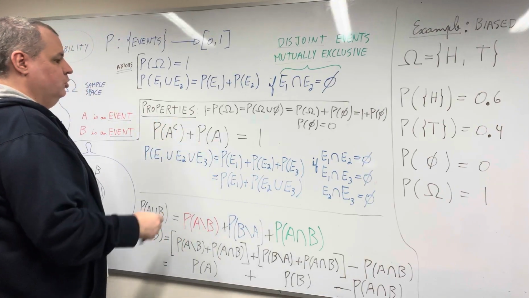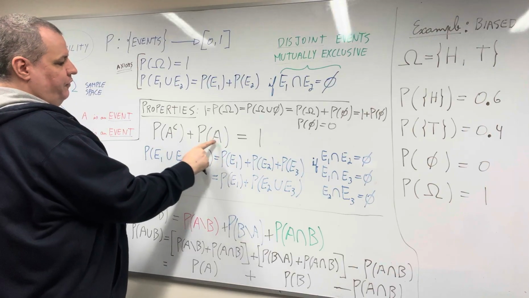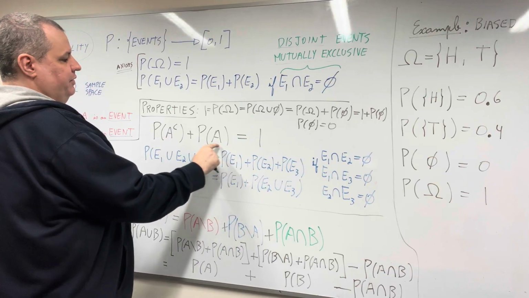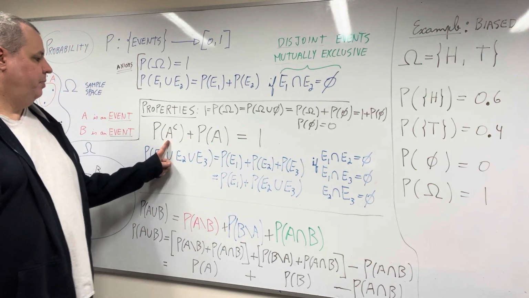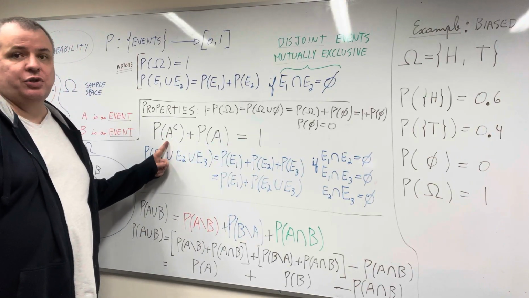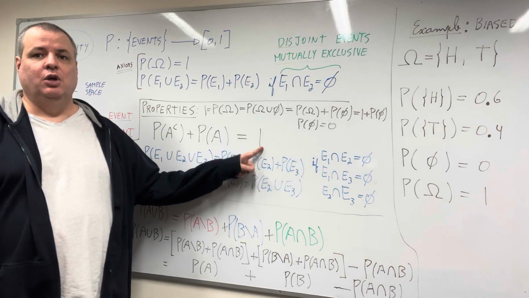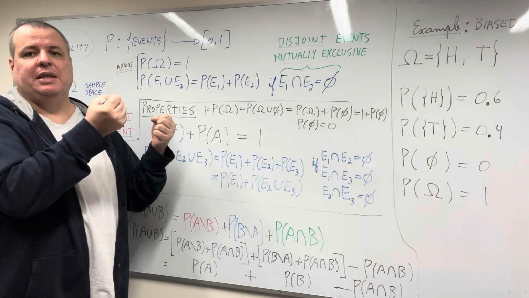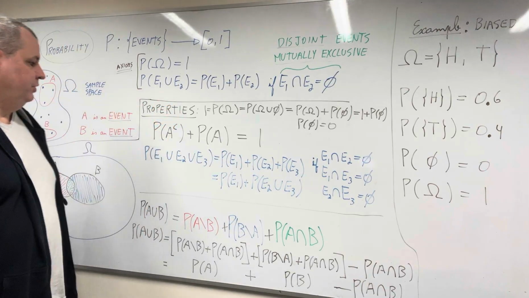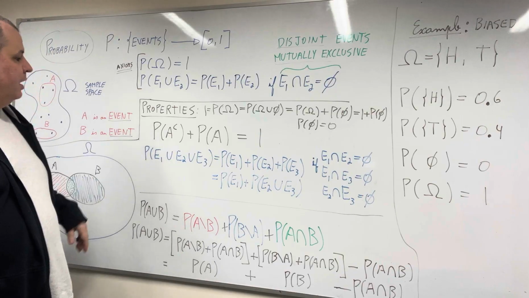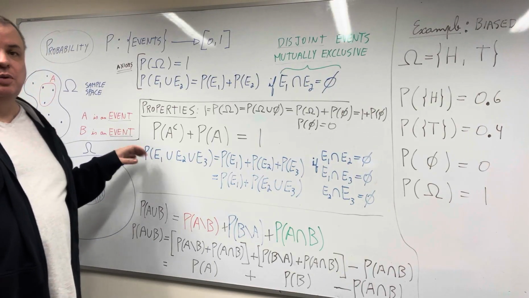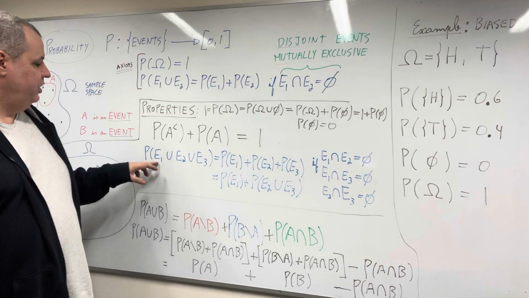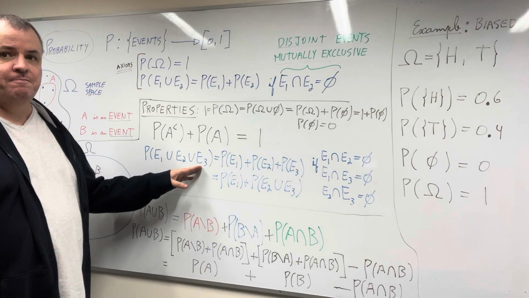So the probability of any complement is just going to be 1 minus the probability of the event. So the probability of any event plus the probability of its complement is always 100%. If an event has probability 20%, its complement has 80%. 0.2 and 0.8.